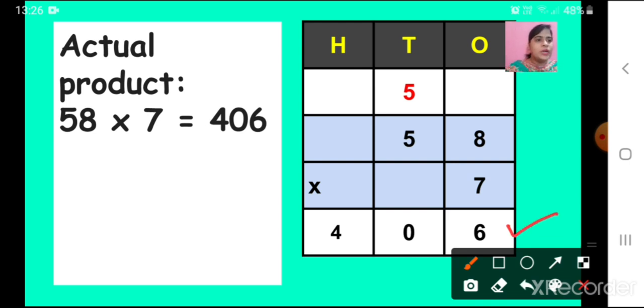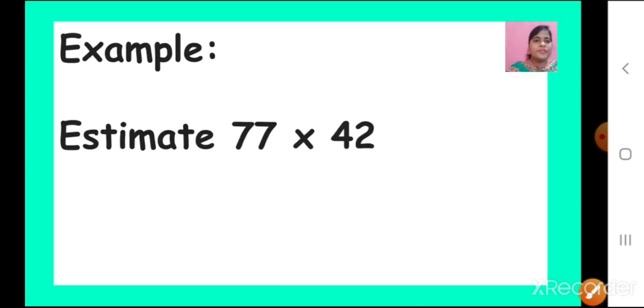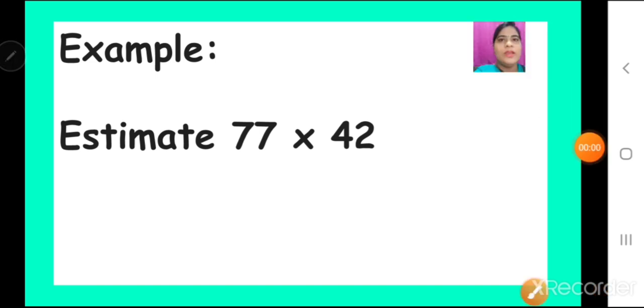Now let us take one more example where we have 2-digit numbers in the multiplier as well as the multiplicand. The example is 77 multiplied by 42. Children, here you can see that both the numbers, the multiplicand and the multiplier, are 2-digit numbers, correct?